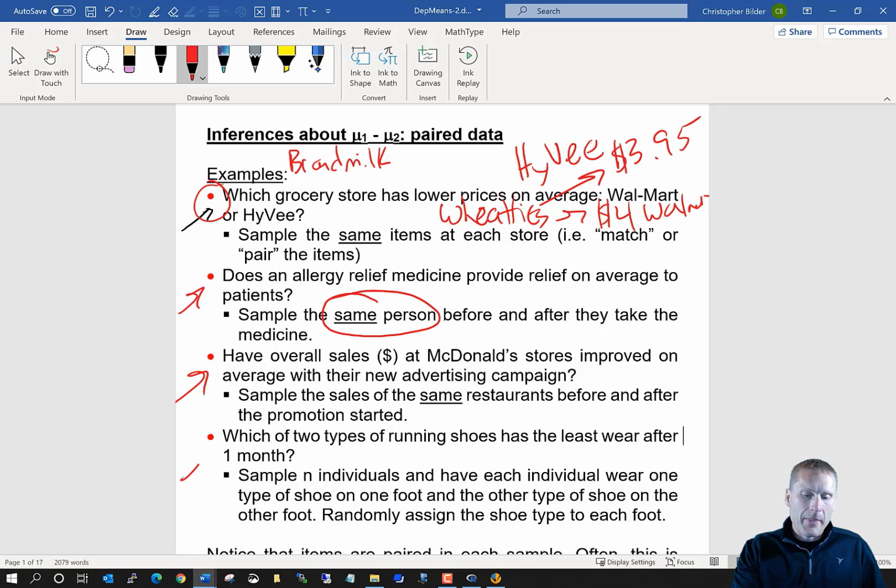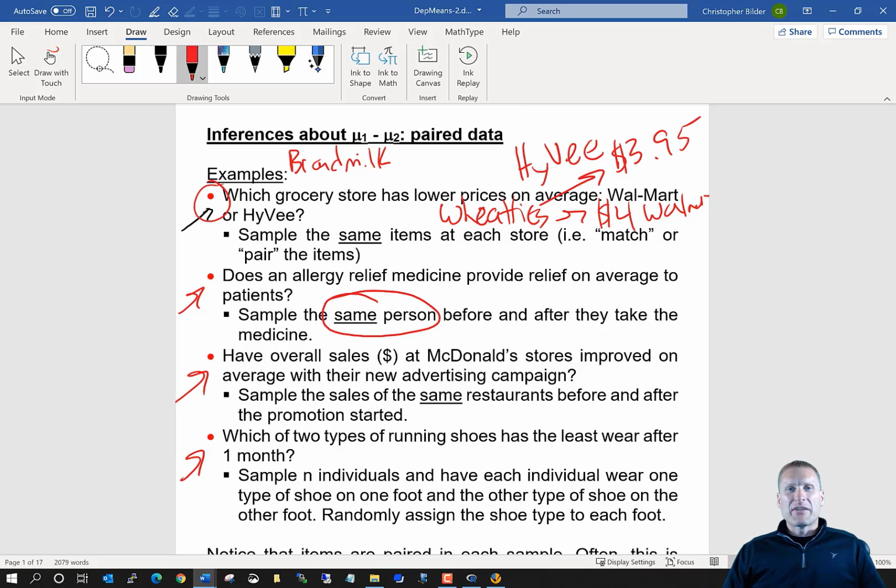And lastly, which of two types of running shoes has the least wear after one month? Maybe you get a pair of Nike shoes and also a pair of some other shoes. Let's say a person wears brand 1 on the left foot and brand 2 on the right foot.